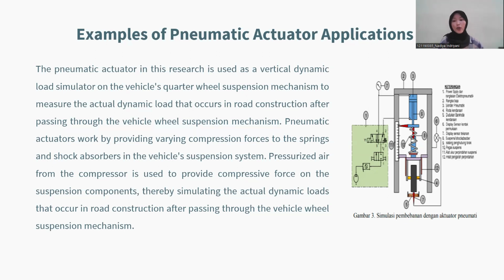The pneumatic actuator works by providing varying compression force on the spring and shock absorber in the vehicle suspension system. Pressurized air from the compressor is used to provide compressive force on the suspension component, thereby simulating the actual dynamic loads that occur in road construction after passing through the vehicle wheel suspension mechanism.